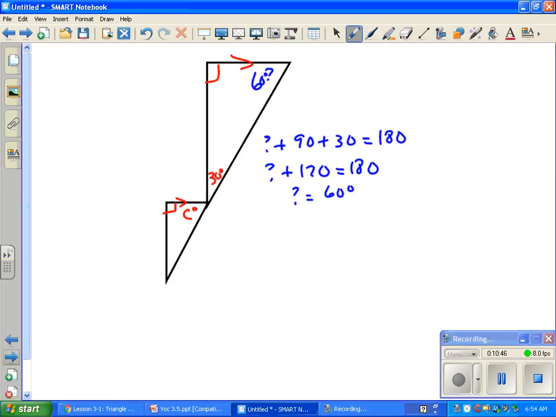Now these are two lines cut by a transversal such that the bottom left corners are both the same. So C has to be 60 degrees because those are what we call corresponding angles. So they can even bring that back into this triangle to help you figure out that angle on a different triangle.